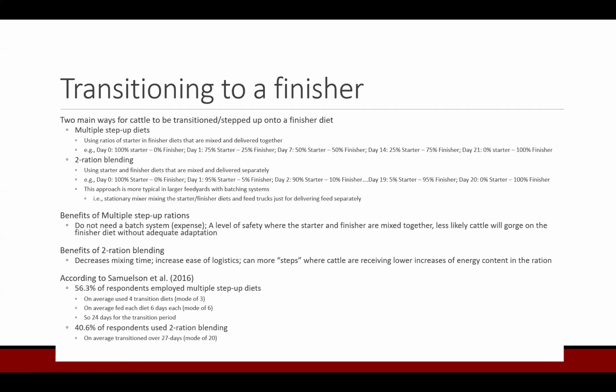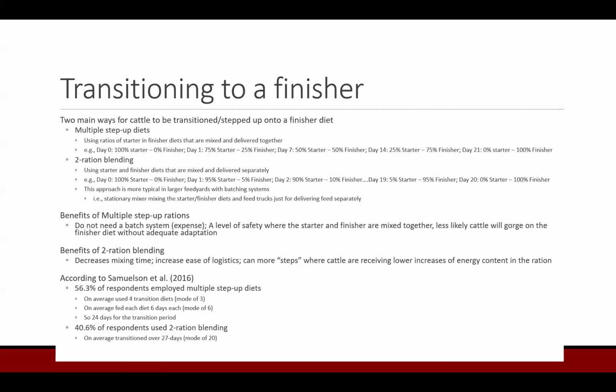This approach is commonly used by smaller feedlots who have a mixer wagon or just one mixer on a truck. They're not going to be doing a batch mixing system, which we'll talk about later. The other approach is a two-ration blending system. It can be confusing because we're calling it two-ration blending, but here the starter and the finisher diets are mixed and delivered separately.